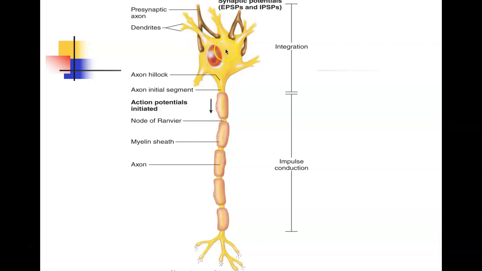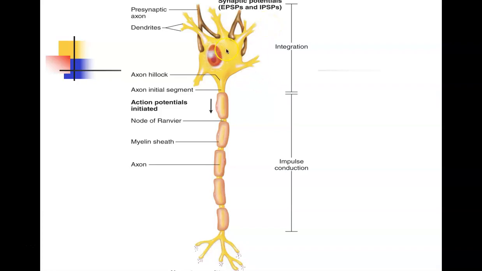You'll note in this picture that there's something called a presynaptic axon, and this is the postsynaptic cell then, okay? What that means, why it's pre and post synapse, is that there's something called a synapse, a little space here where neurotransmitters are released, and that tells these neurons how to function.